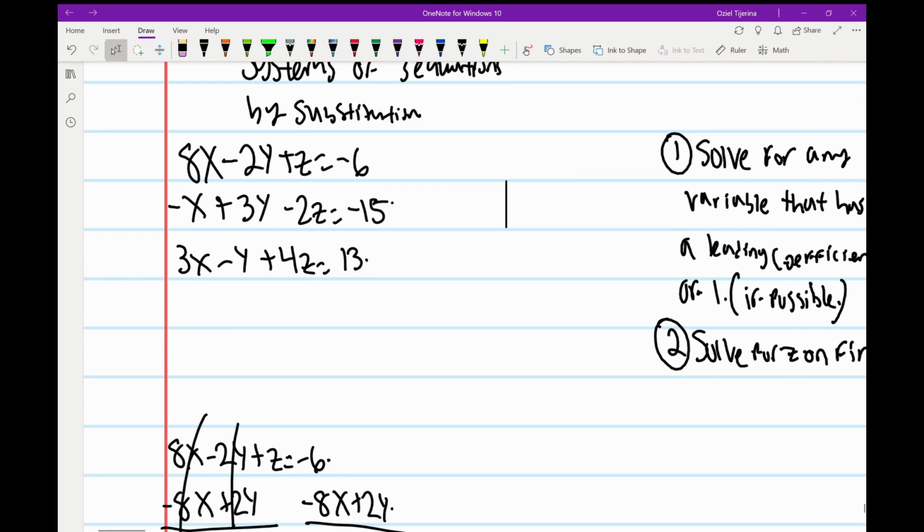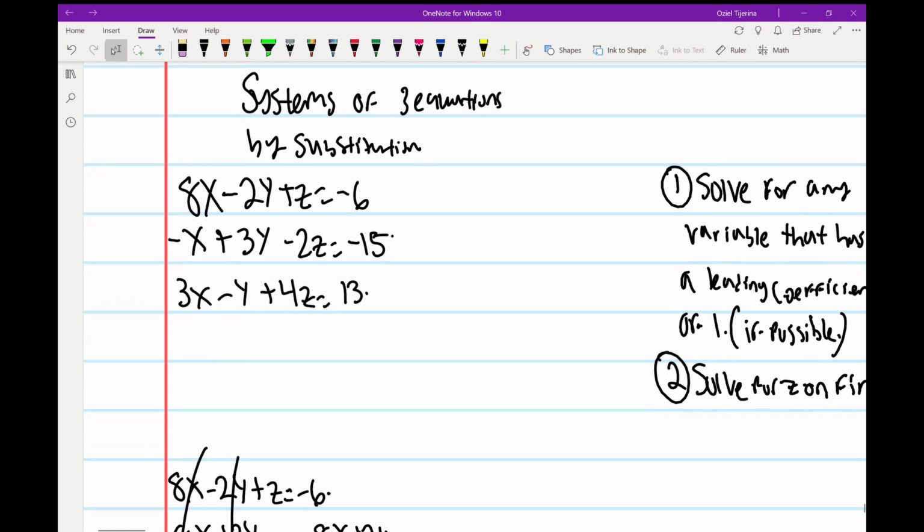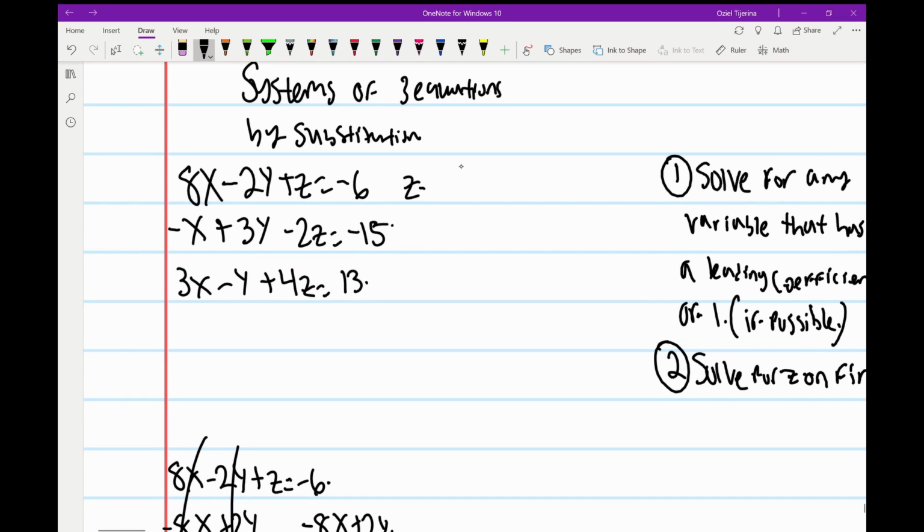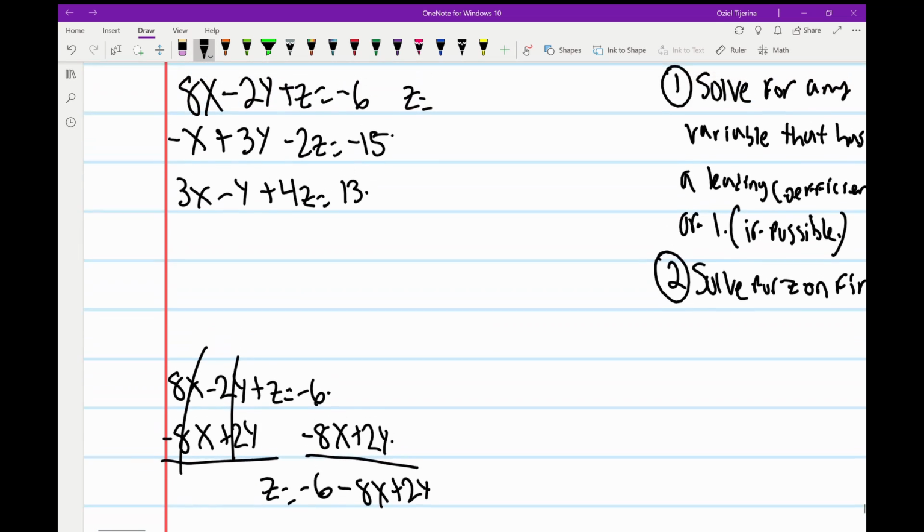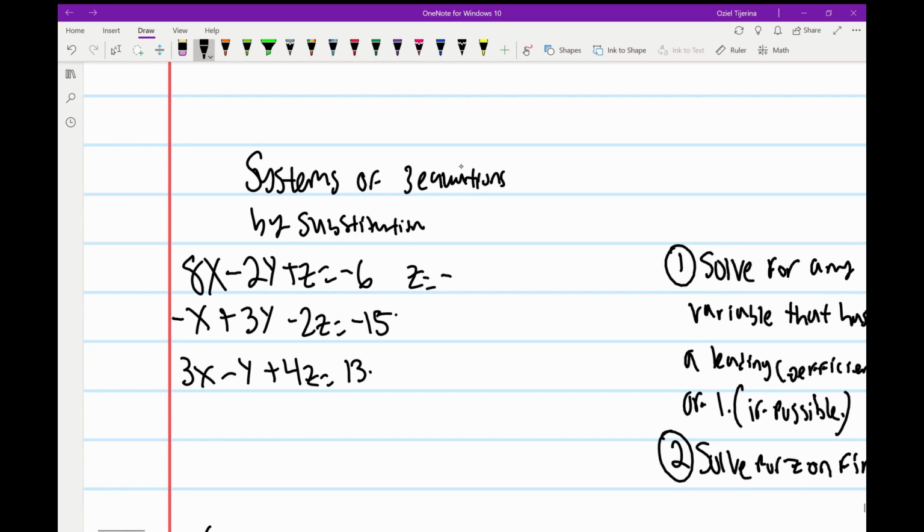Okay, so we have z equals negative 6 minus 8x plus 2y. Okay, that's your new equation 1. And just separate.